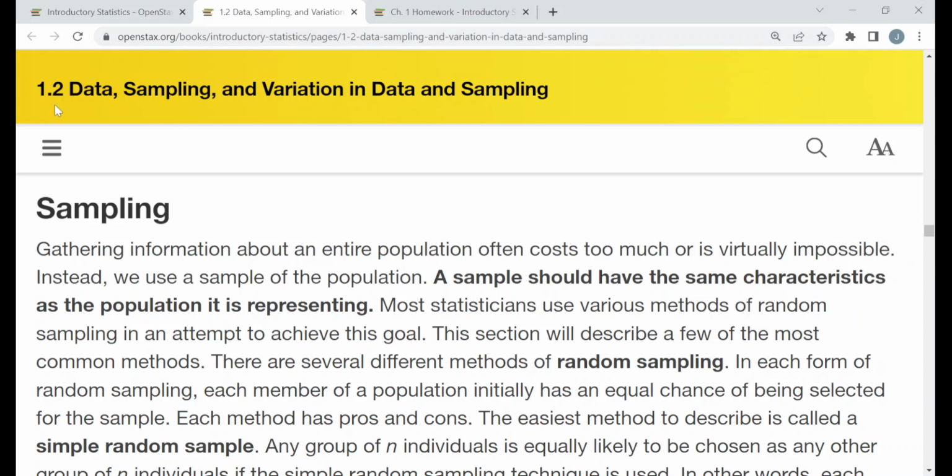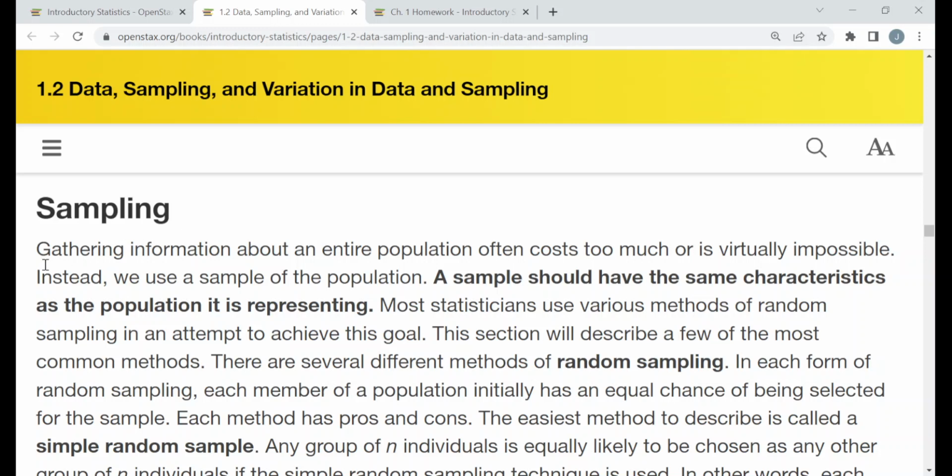I am in section 1.2 called Data, Sampling, and Variation in Data and Sampling, and specifically working under the heading sampling. And I want to specifically talk about different methods of sampling.